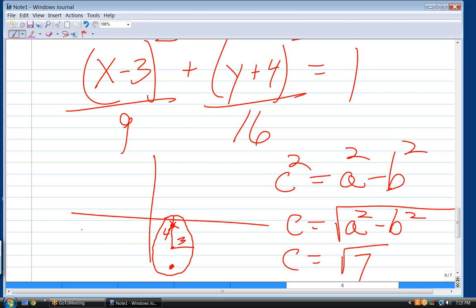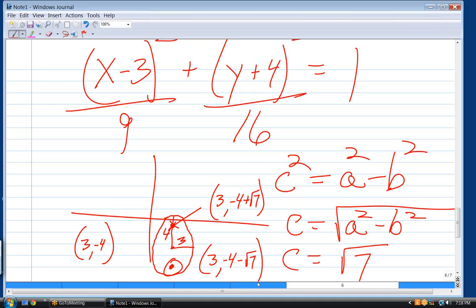Our center was 3, -4. So the coordinates of that focus are 3, -4 plus √7. This one down here is 3, -4 minus √7. In other words, you start with your center and you subtract or add c to it.